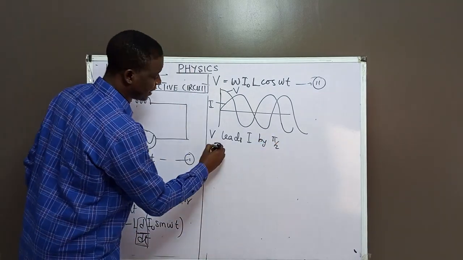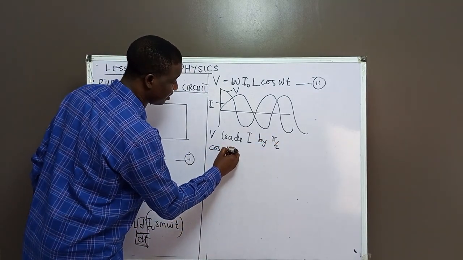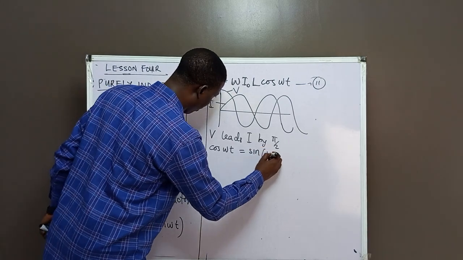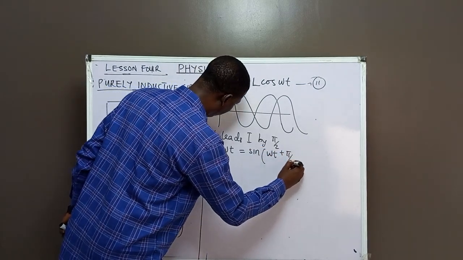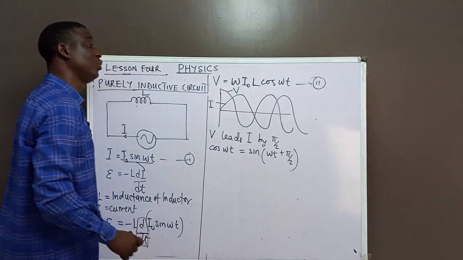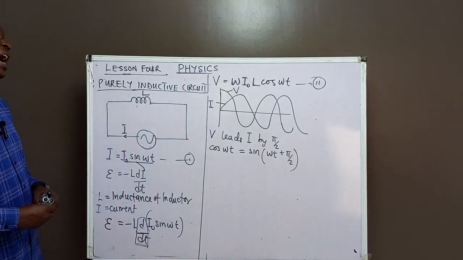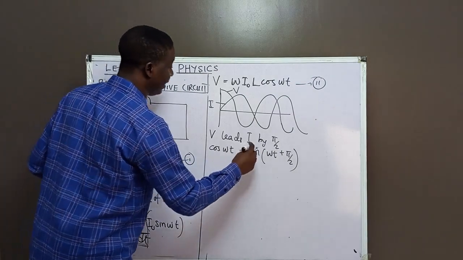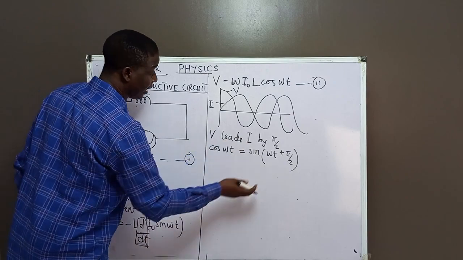Why is it pi over 2? Don't forget, I told you in the previous lesson 3 that cos omega t is the same thing as sine of omega t plus pi over 2. That is to say, pi over 2 is the leading angle. That means voltage leads current by pi over 2.